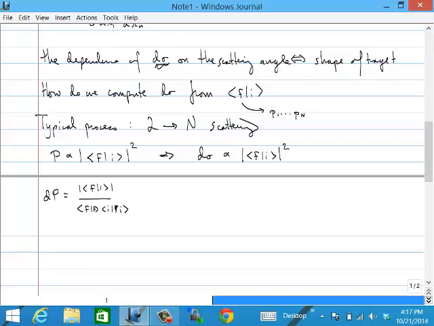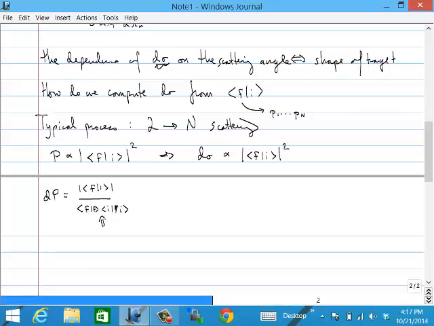Then the differential probability is going to be proportional to the overlap between f and i squared, along with some normalization factor to keep track of the fact that these initial and final states are not necessarily unit normalized. Then we need some measure factor on the space of final momenta, okay? So which we'll call dΠ.